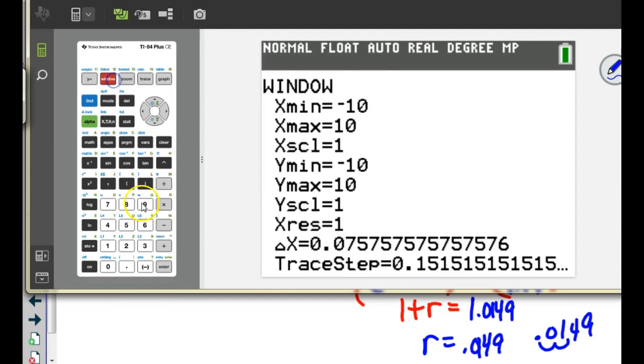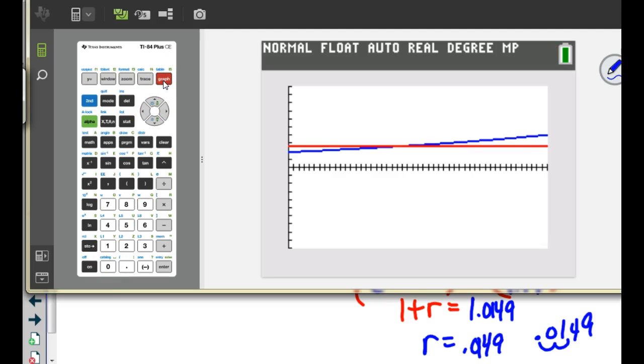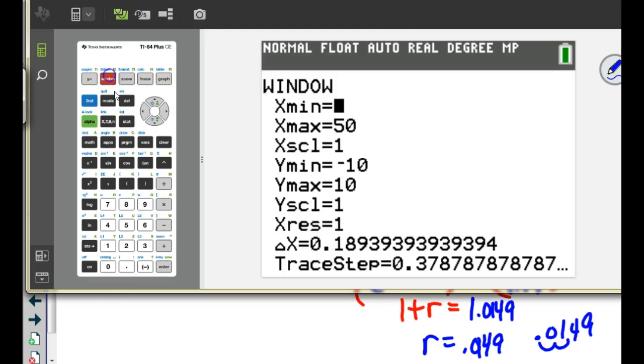So I go to my window. I can't have negative, and it's going to take it a while to get there. So I'm going to put 50 years in here, 0 to 50. How high? I really don't care about negative. I want to hit 2.7, so I really could say 0 to 5.